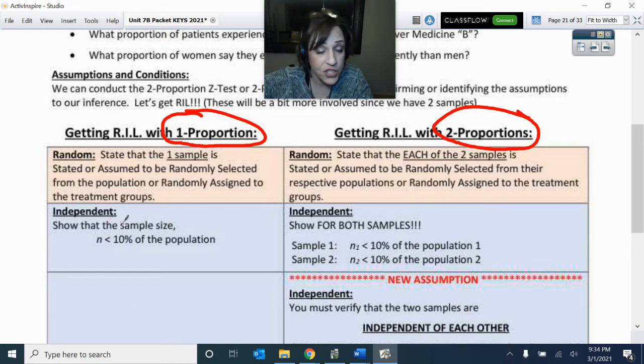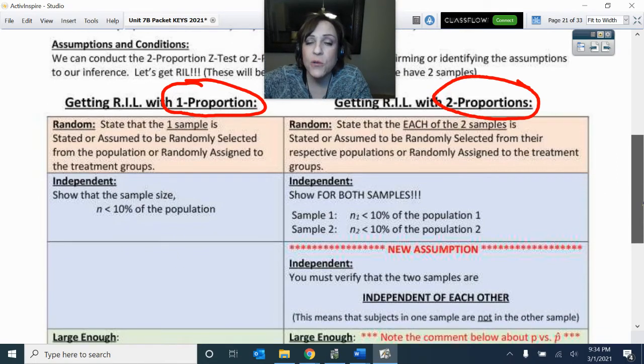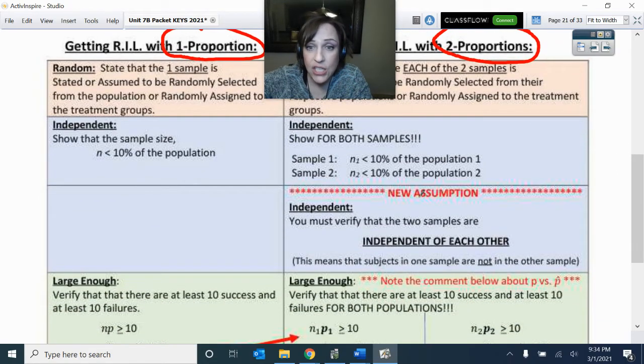For independent, we used to just say that the sample size that we have for one group is less than 10% of that population. Well, now we have it for both samples. So we're saying that sample 1 is less than 10% of its population, and sample 2 is less than 10% of its population. Okay? So this, though, is new.